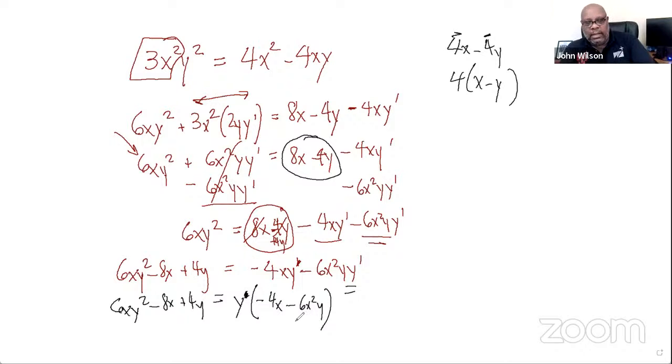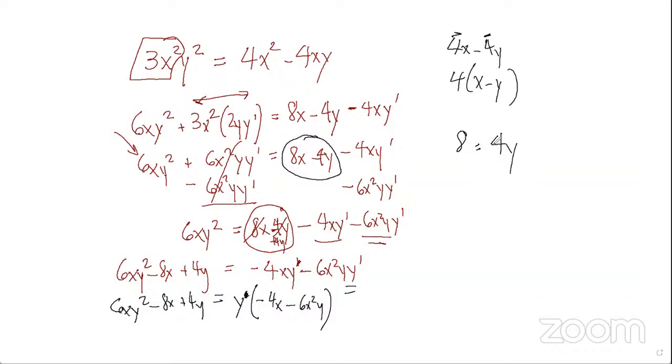So what would be the next step here? Well, if we had 8 equals 4y, Jordana, what would be the next step to solve for y? Just go over here. I know it's simple. What would the next step be to solve this problem? I know you know it's 2, but how do you do it?